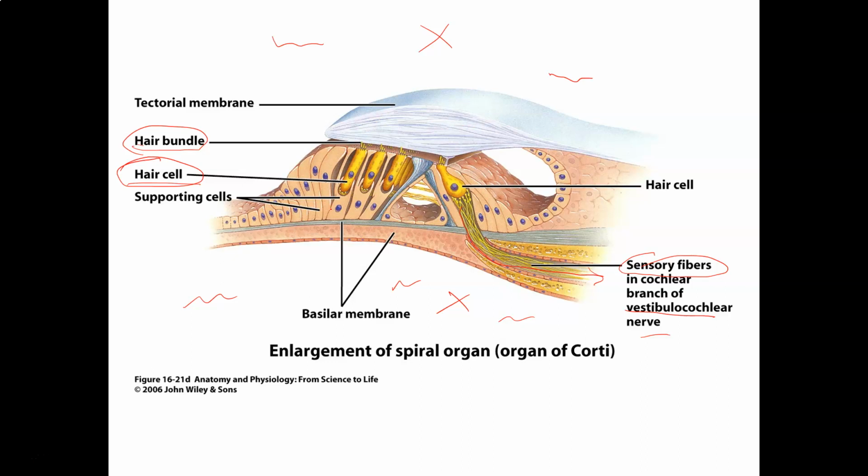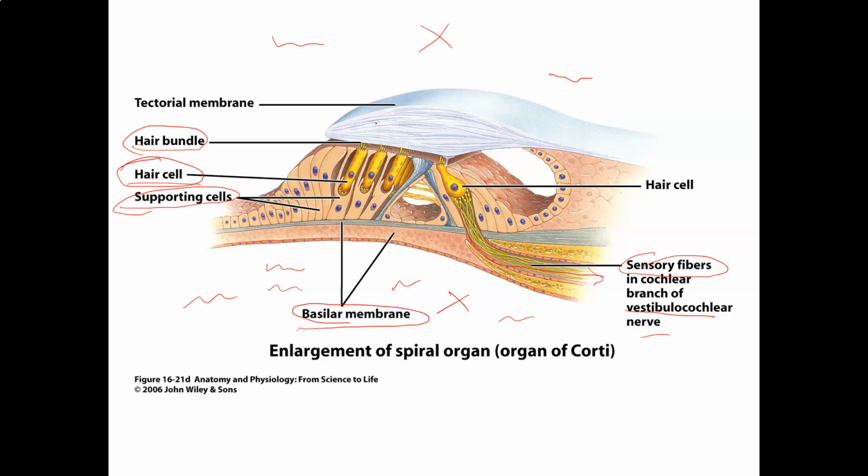There's also, in the organ of Corti, some supporting cells. Those are shown in orange. The support cells with their hair cells sit on a thin membrane called the basilar membrane. The basilar membrane. And remember, below that is fluid.